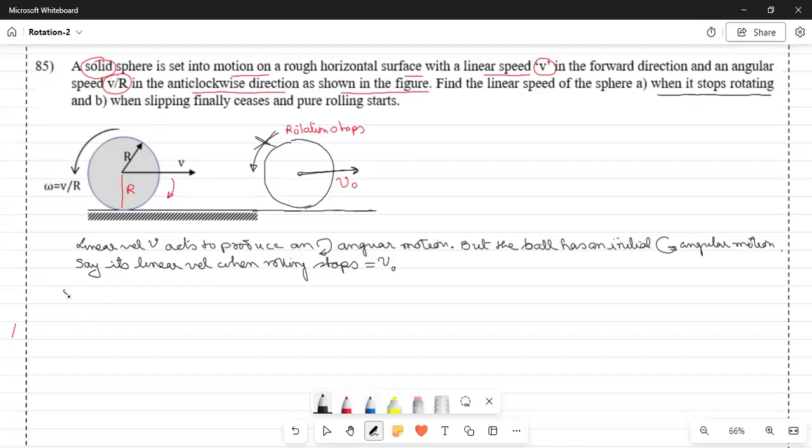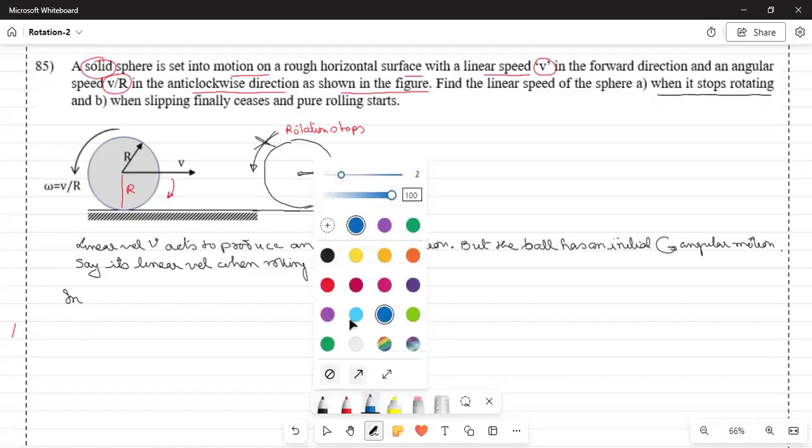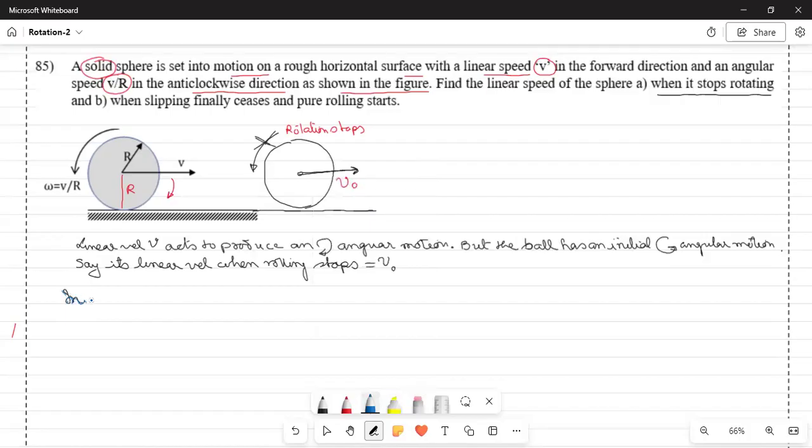What is the initial angular momentum? The real angular momentum is equal to the angular momentum by the linear velocity v, which is mvr, minus the angular momentum of I omega due to the angular velocity already imparted.